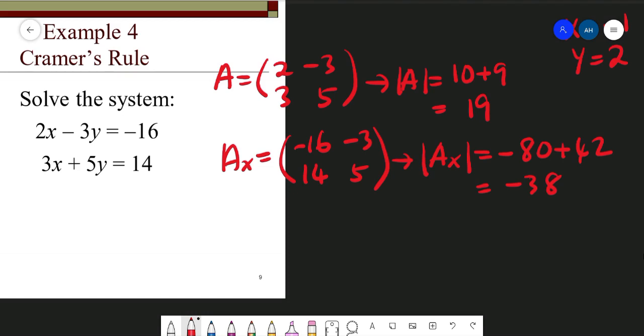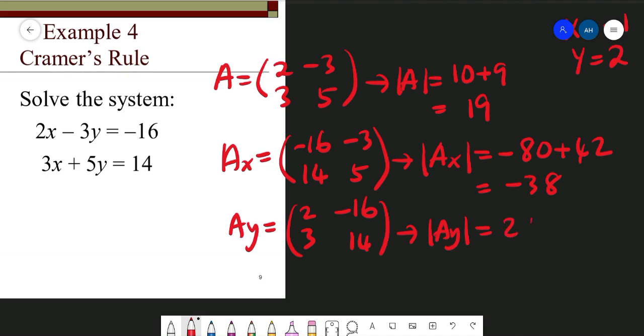Now, the determinant of Ay, let's write Ay first. Matrix Ay is equal to 2, 3, and negative 16, 14, like that. From here, we have the determinant of matrix Ay. That is equal to 2 times 14 is 28.